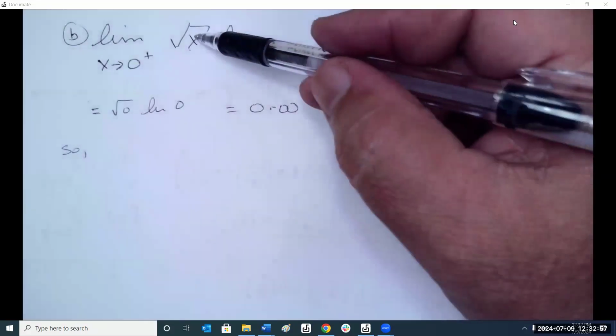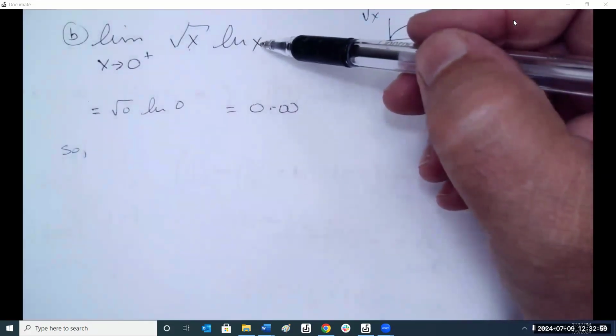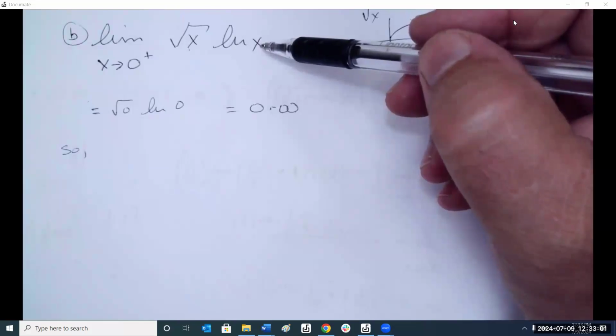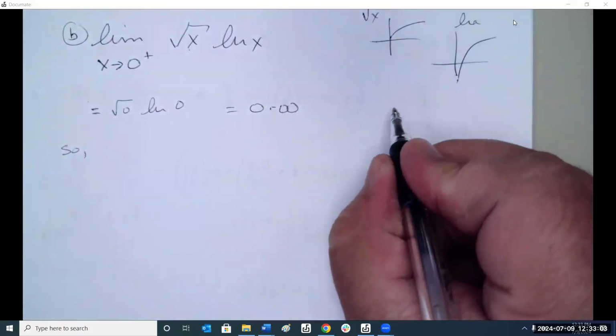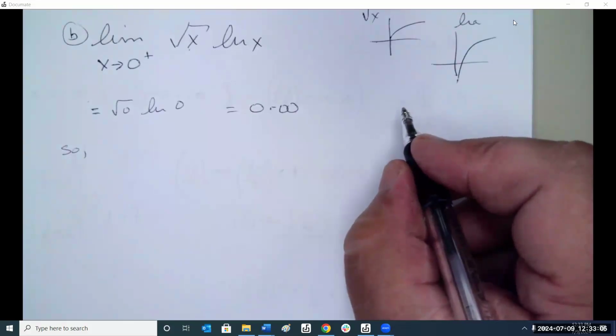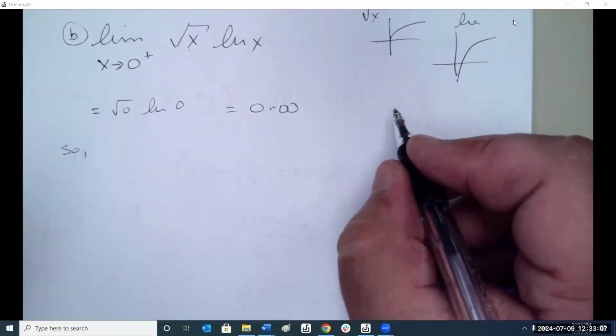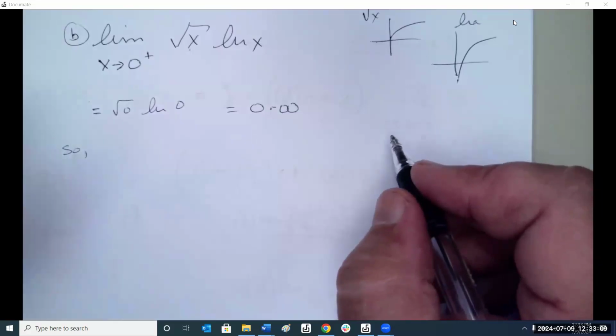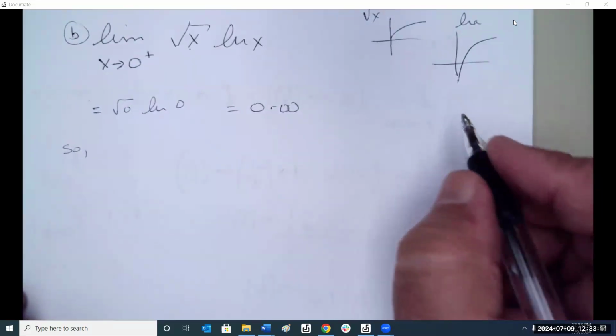So we have 0 times infinity. I want to try the product rule first. If that doesn't work, then we'll use the conversion formula.